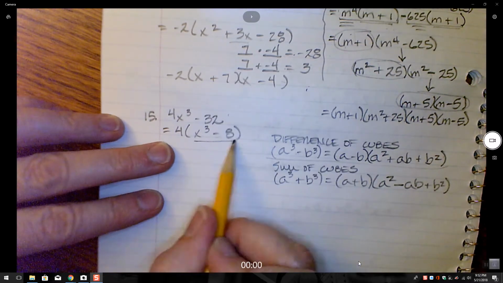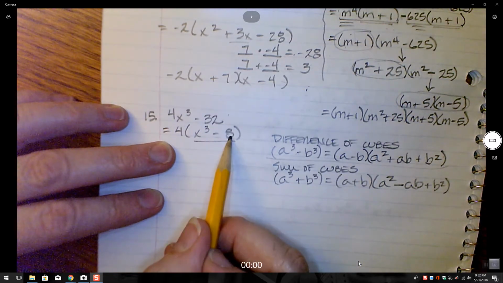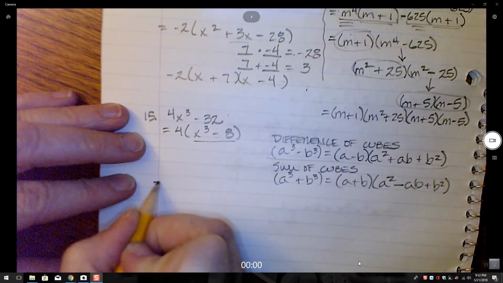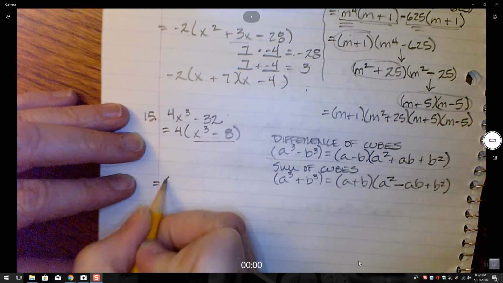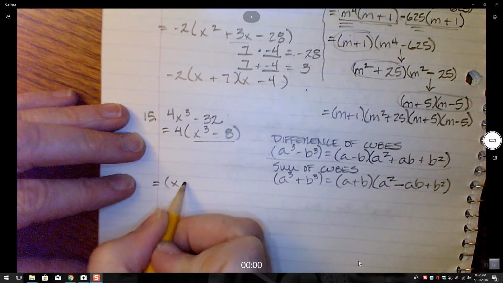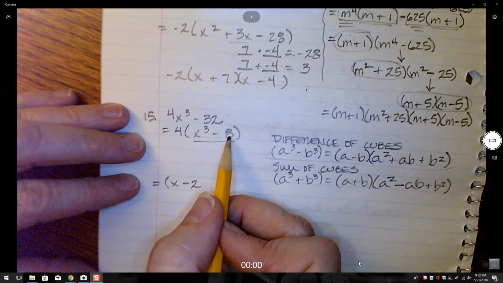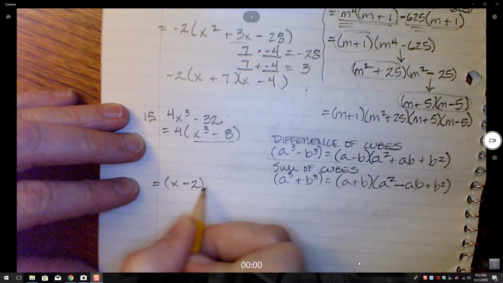So we have our a to the third minus b to the third. So that's going to equal, running out of room, x minus 2, because 2 is the cubic root of 8.